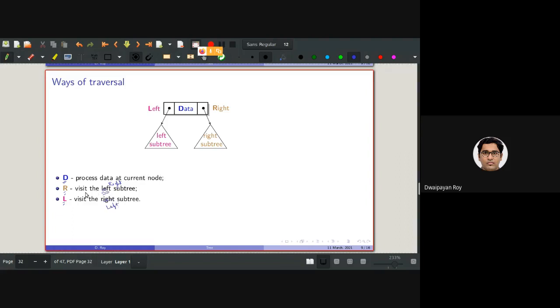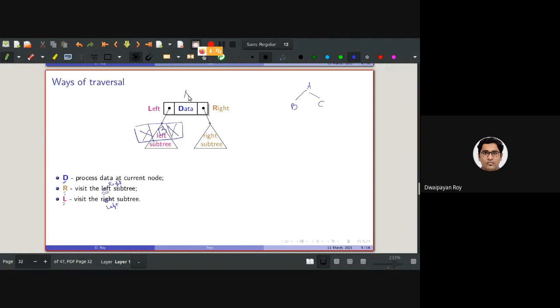Then how many ways can we access all the nodes? Let's draw one tree here as well. So A, B, C. The left subtree contains another node of the same type, containing B, and its left and right pointers are null.